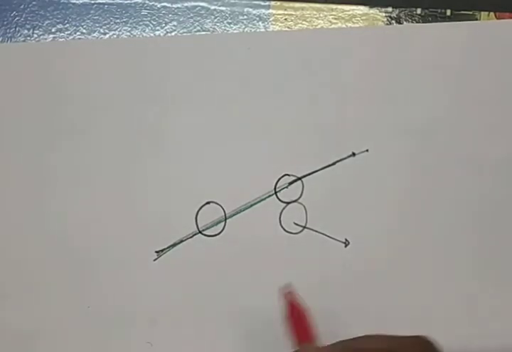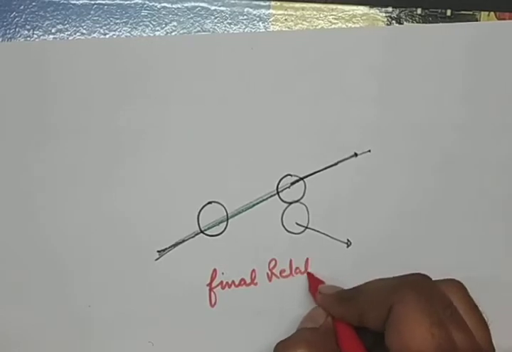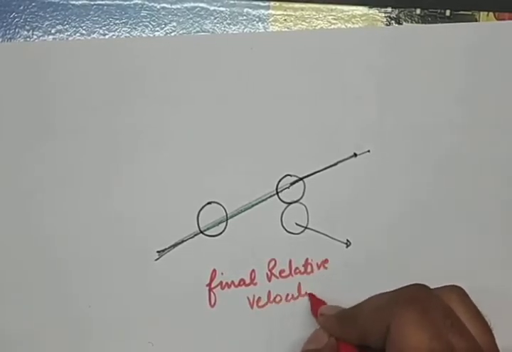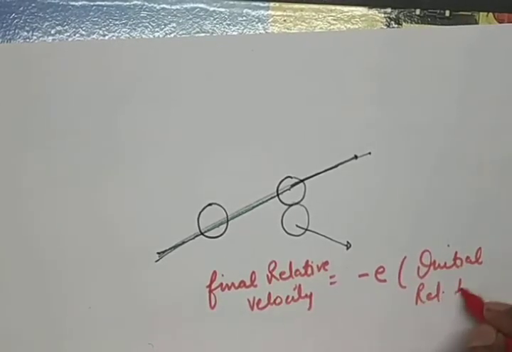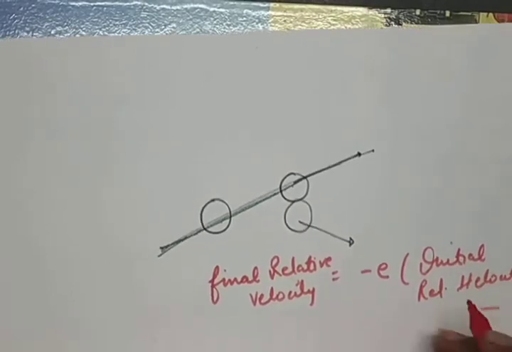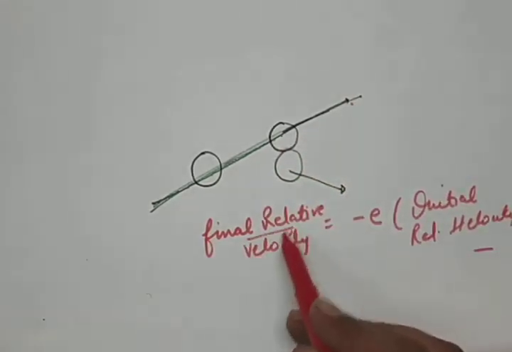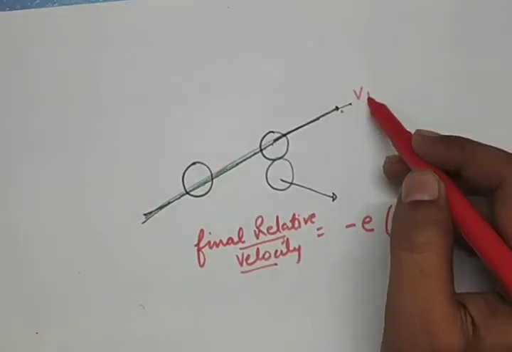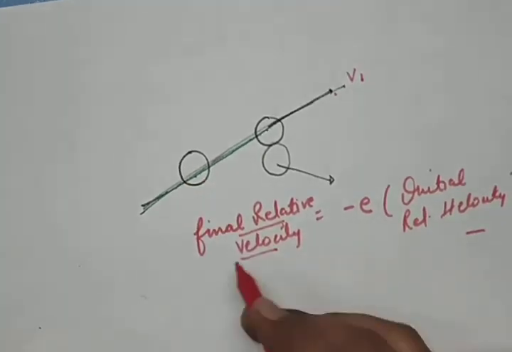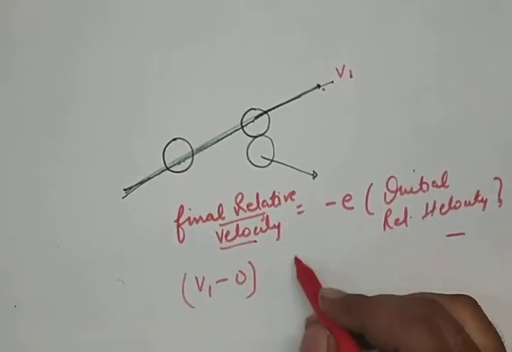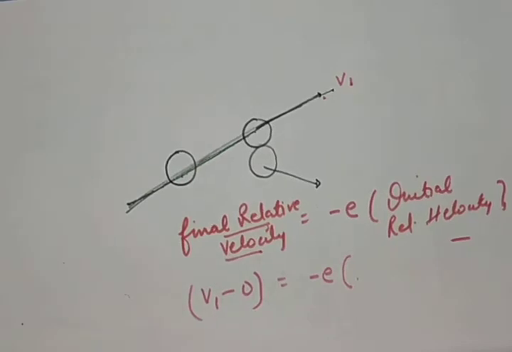As I told you, and this is how you can remember it: final relative velocity equals minus e times initial relative velocity. Now look, along this you have to apply the final relative velocity. This body will move with velocity v1, and initially this body is at rest, so the final relative velocity is this one, equals minus e times the initial relative velocity.